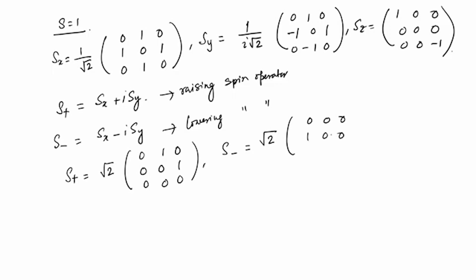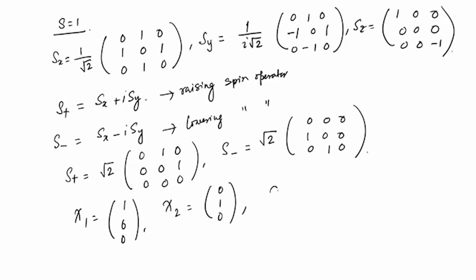The eigenvectors for the spin 1 case are chi 1 equal to 1 0 0, chi 2 equal to 0 1 0, and chi 3 equal to 0 0 1.